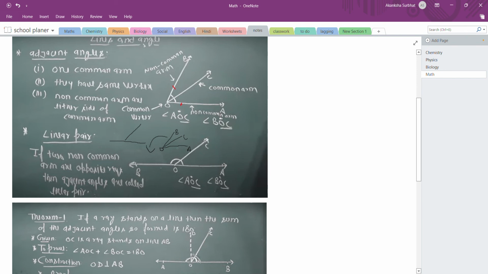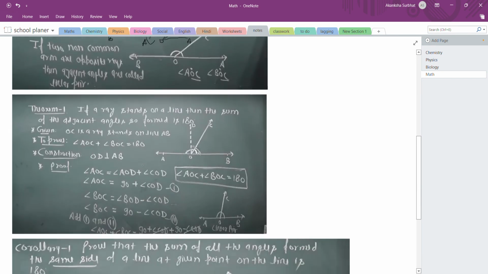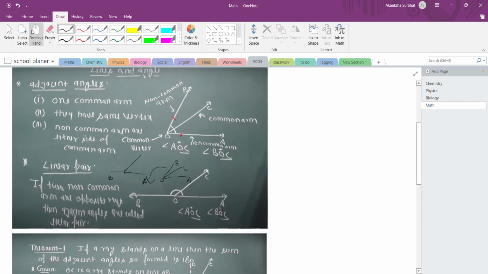So when two non-common arms, A and B, are opposite each other, then it is called a linear pair. Now if you know these two, you can understand theorem 1.